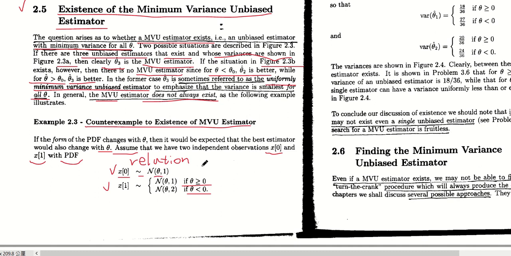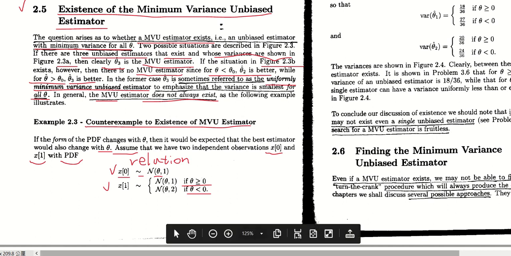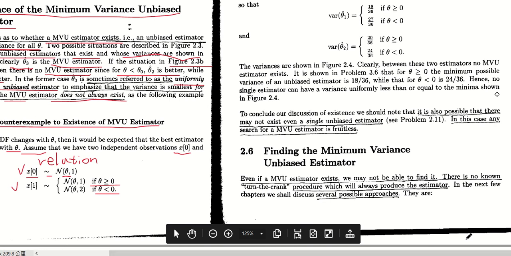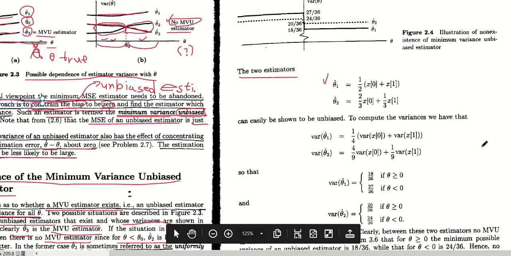Otherwise, parameter estimation would not make sense at all, because if they don't have a relation, then they don't provide information. So the relation is described this way: your data relate to the mean in this way, and then the next data relate to the mean depending on whether theta is larger than 0 or smaller than 0. That's the statistical description of the relationship.